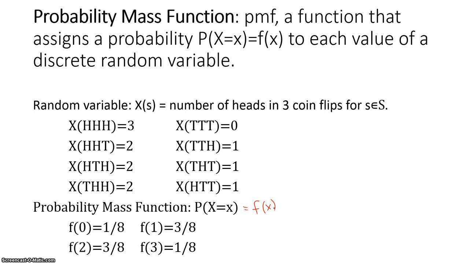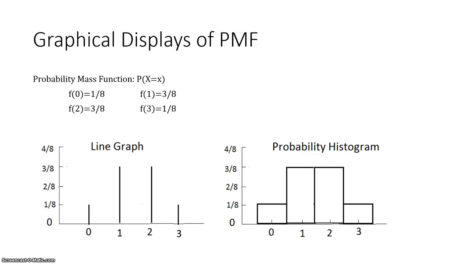Now, in addition to writing out all the values of the probability mass function, we can also show the probability mass function graphically in a couple of ways. Two ways shown in the book are a line graph and a probability histogram. In both of them, the horizontal axis displays the values that x can take on, and the vertical axis displays the PMF, little f of x.